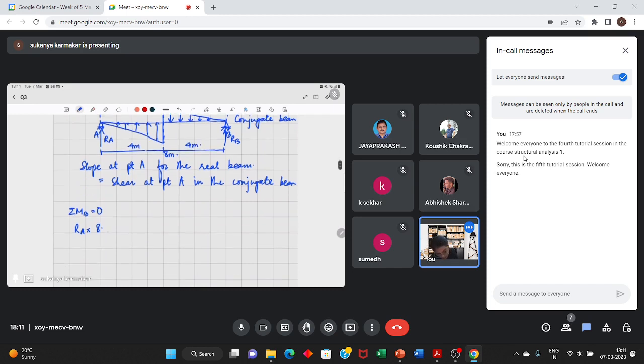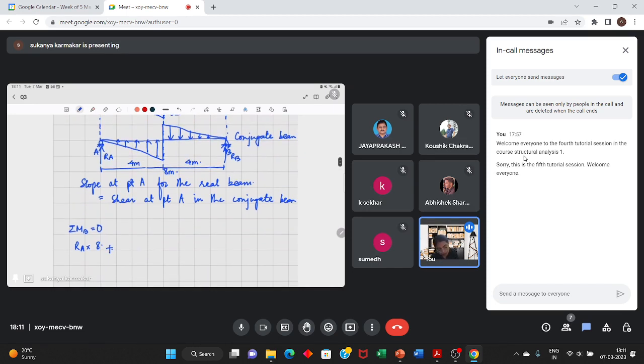I am taking clockwise moment to be positive. So RA into 8 in the clockwise direction plus half into base 4 meters into height 25 by EI plus the lever arm, 4 plus 4 into 1/3.